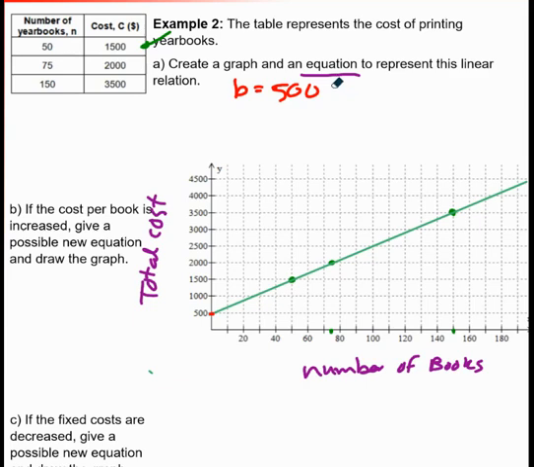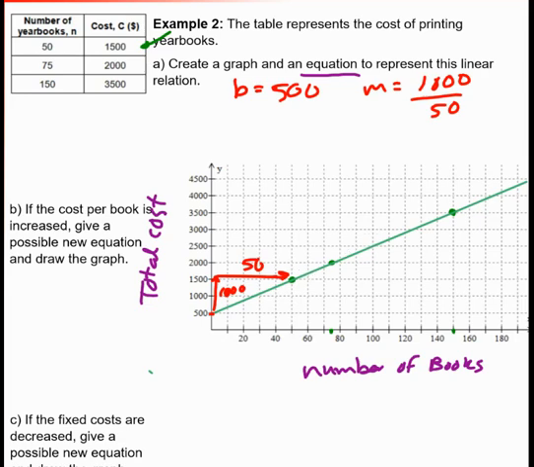Now, how are we going to find the slope or the rate of change? Well, let's take one segment at a time here. How much do we rise right here? Okay, that is a rise of 1,000. And then a run of 0 to 50. So we have a rise of 1,000 divided by a run of 50.